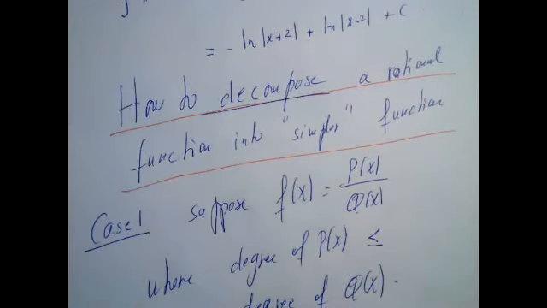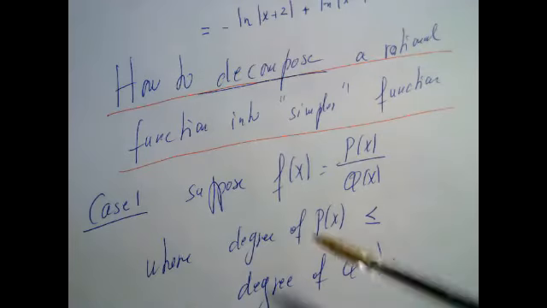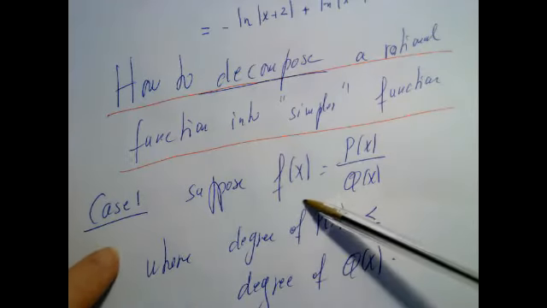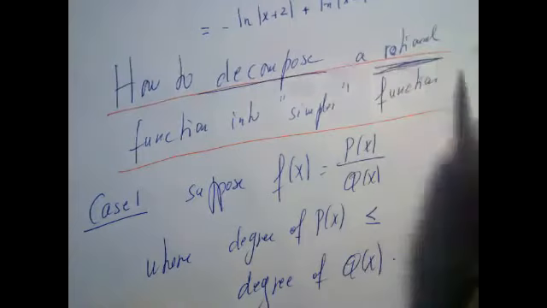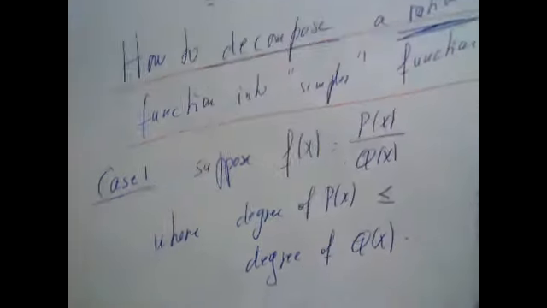So the first big case is a rational function where the degree of p is less than the degree of q.